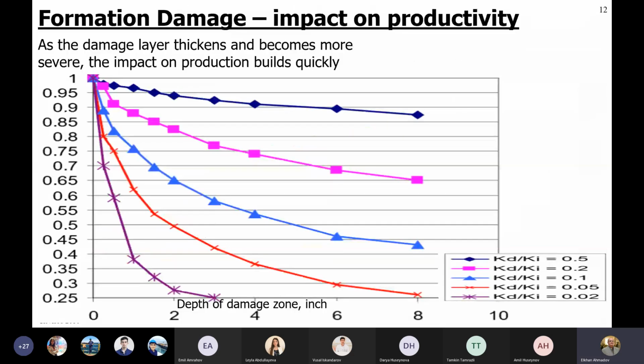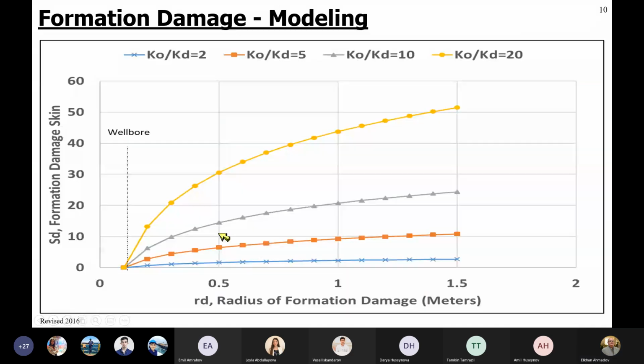Sujan. Slide 10. This one? The one before this. Yes. This one, 10. Before or after? This one? Yes, number 10.